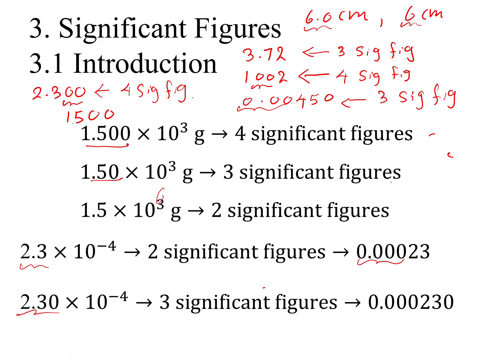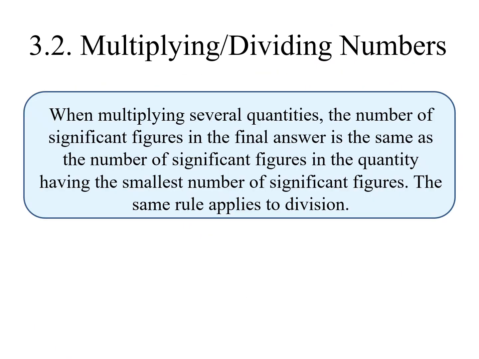Now let us look at the rule for multiplication and division. When multiplying or dividing measured quantities, the final answer should have the same number of significant figures as the measured quantity with the fewest significant figures.